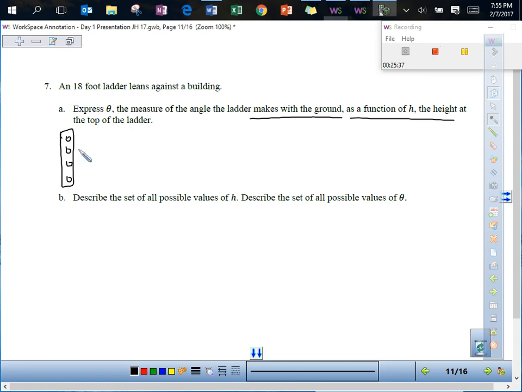And then I've got an 18-foot ladder, and I've got my ground, and I've got the angle that it makes with the ground. And then we're calling this height right there h. So really, just to draw you a better picture, here's what I got going. I got a hypotenuse of 18, I've got an h for height, and I got a theta right there.